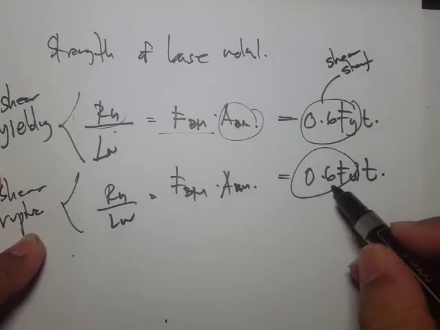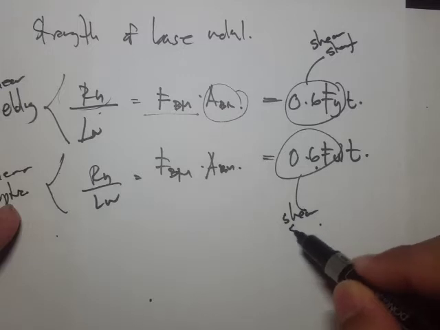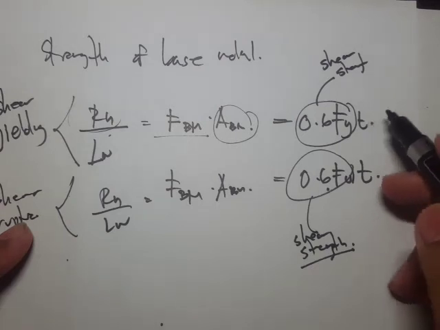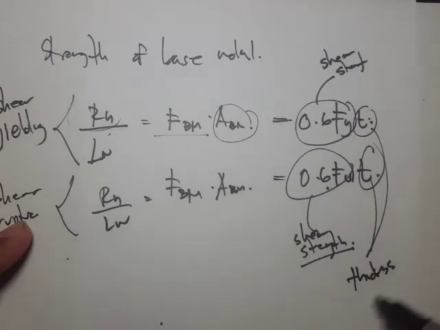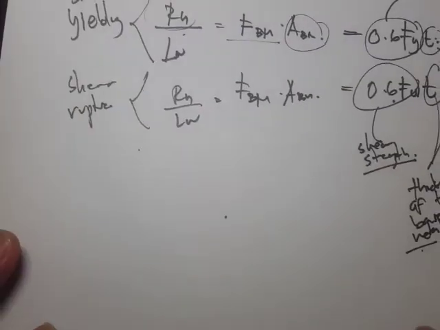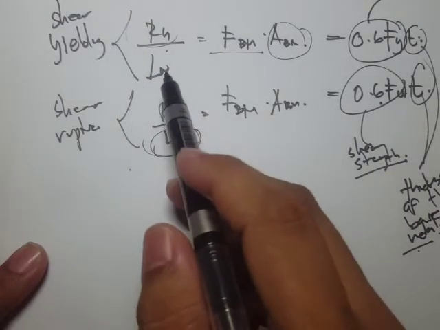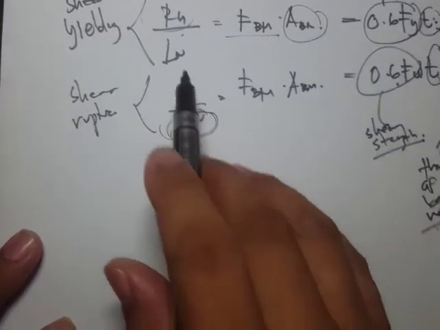So this one, 0.6 FU, is our shear strength in rupture, and 0.6 Fy is the shear strength for yielding. And T is the thickness of the base metal. Of course, that's per weld length, so we just have to multiply that by the weld length to get the total.